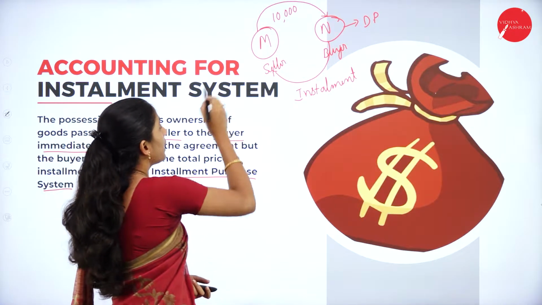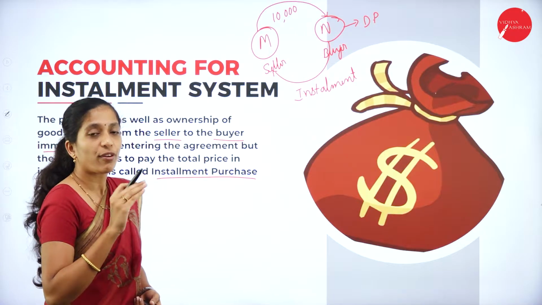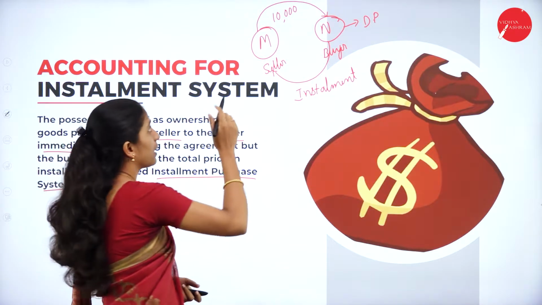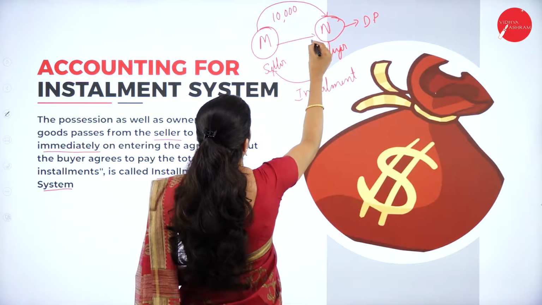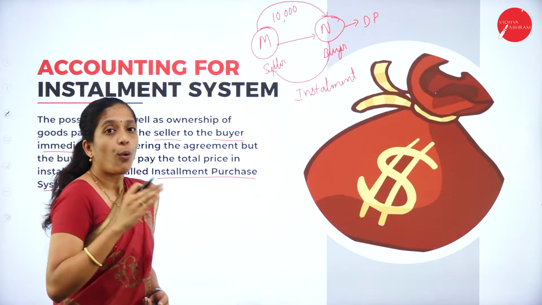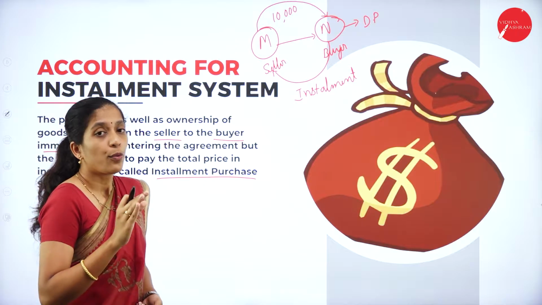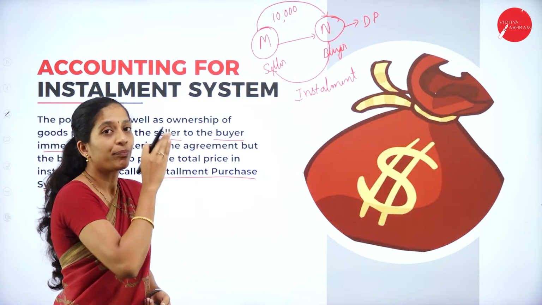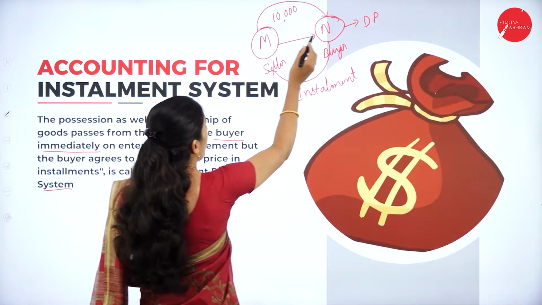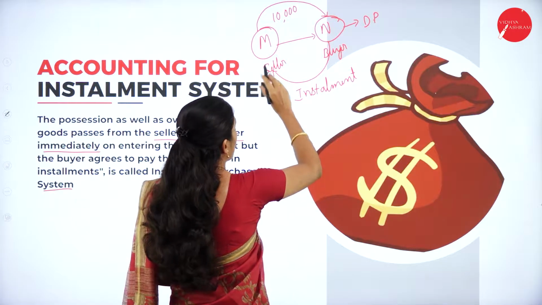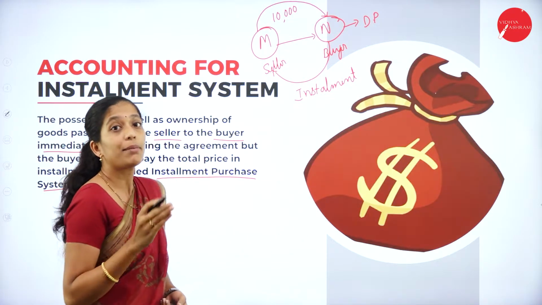Here, in hire purchase system, the ownership of the asset will be transferred to the buyer only after the payment of last installment, right? Whereas in installment system, what happens? The ownership of the asset will be transferred from seller to buyer immediately.